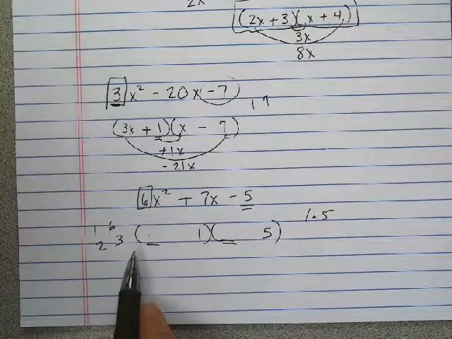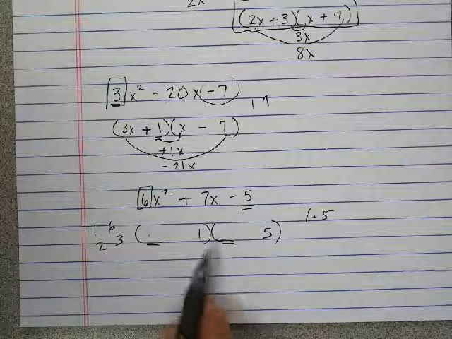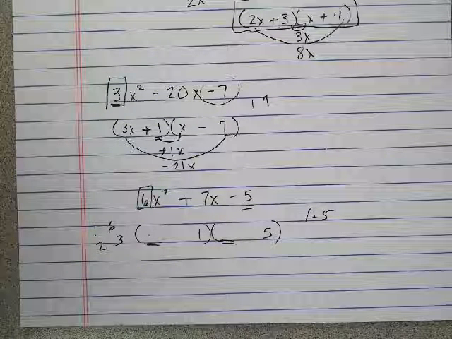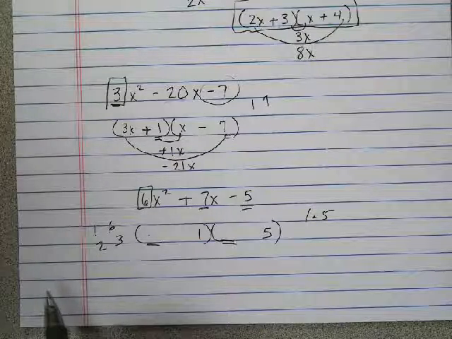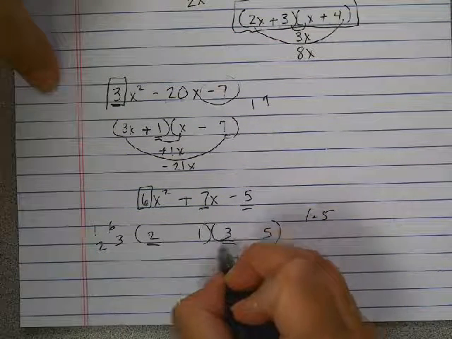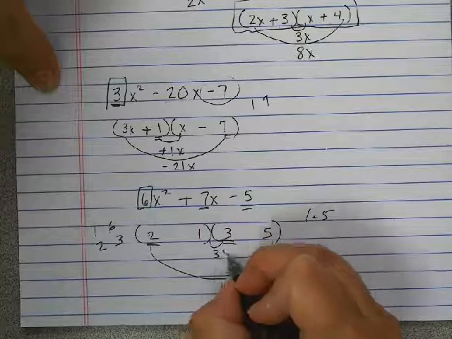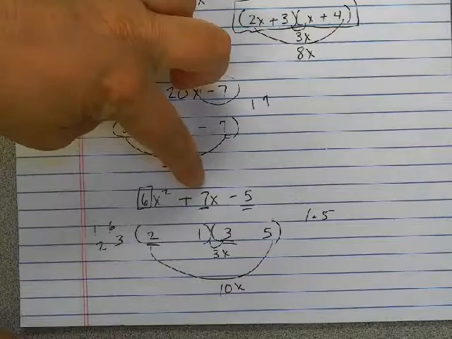But now I have to decide, do I want to put 1 and 6 or try 2 and 3? So some of you are kind of already thinking around in your head. You're trying to guess 7. So I'm going to try 2 and 3. This would give me 10x, and this would give me 3x. Is there any way that 10x and 3x could give me 7x?